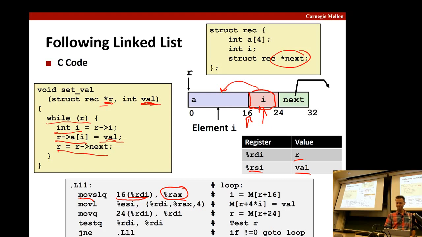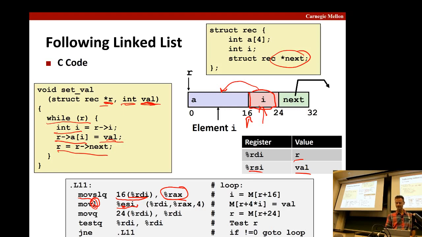Now we're going to take the val, which is in RSI. Because it's only an int, we know it's only going to use up the first 4 bytes. We're going to use the shorter form of this expression where we use the long and we use the ESI, which is the lower half of RSI.